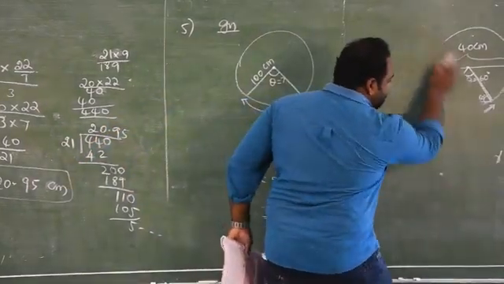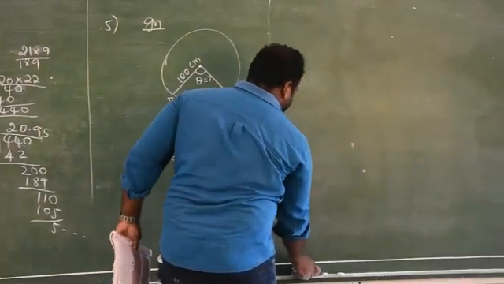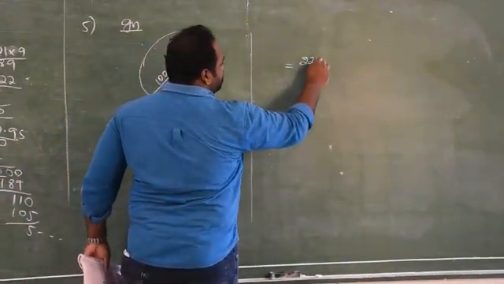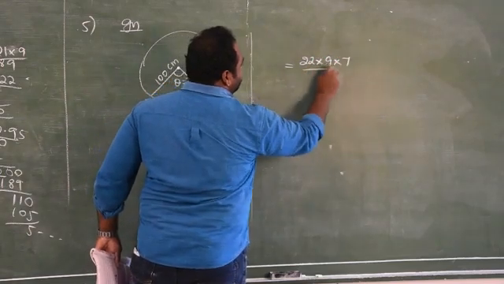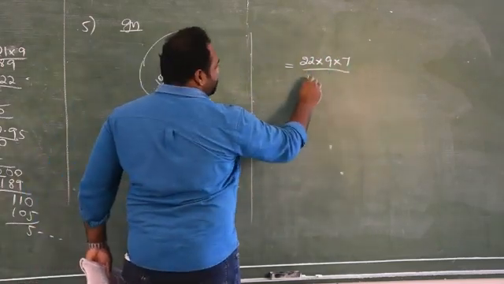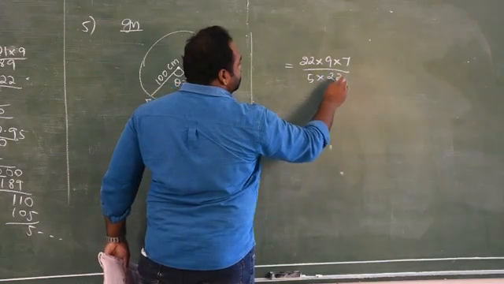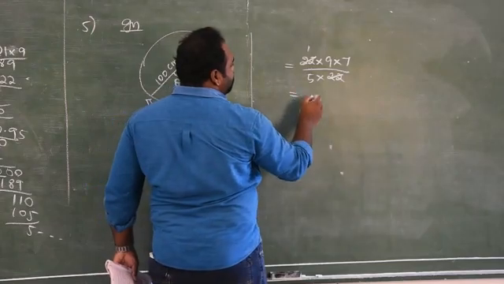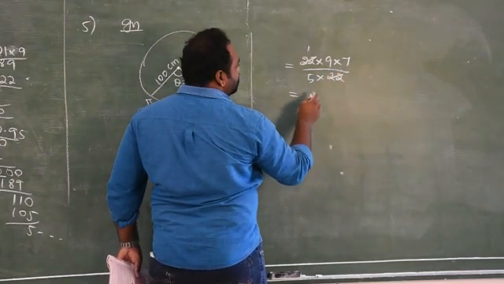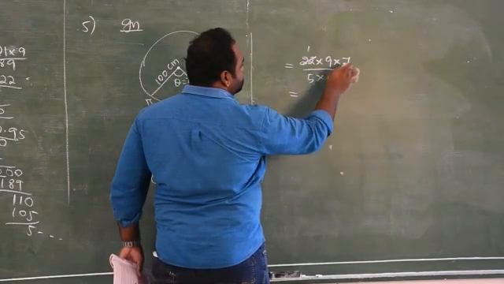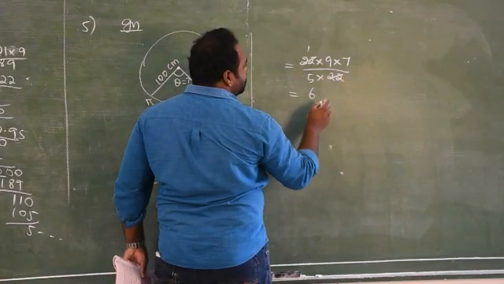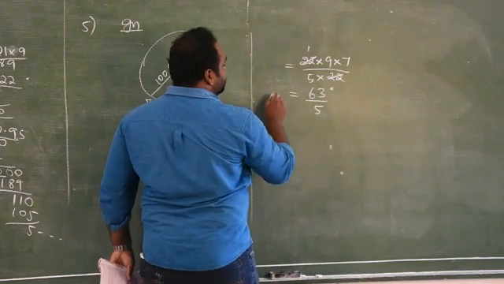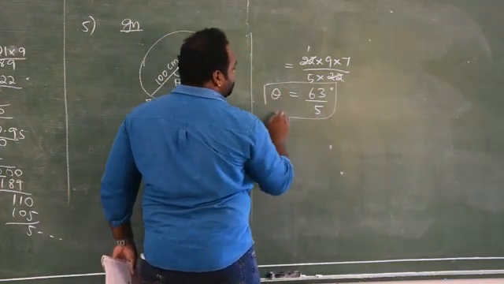It will be 22 into 9 into 7 by 5 into 22. Here we have a cancellation, this is 1, 22 cancels. This is 63 by 5 degree angle.